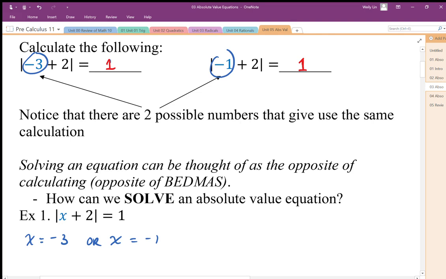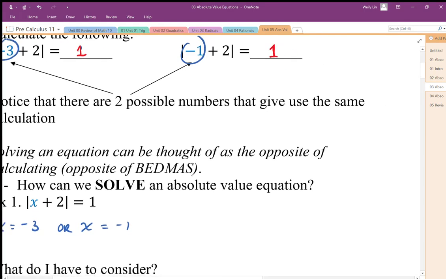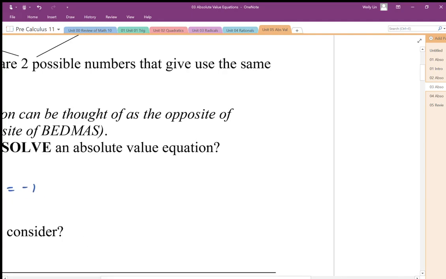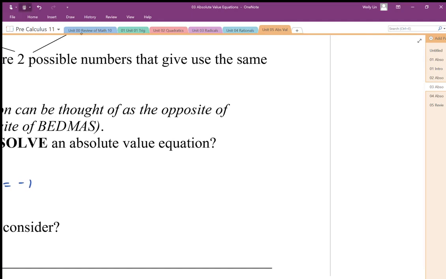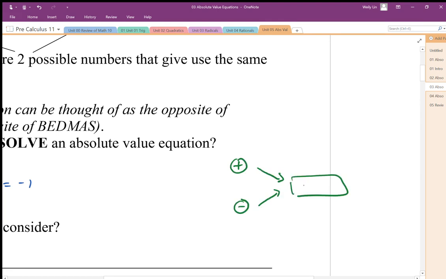So how do we go about solving an absolute value equation? How do I undo, or do the opposite of, calculating absolute value? Think about the function issue we had before: if we input a negative or a positive into absolute value, our output was positive.